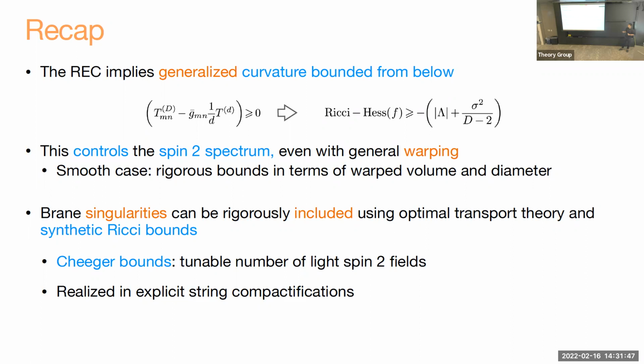There is also a way to prove these bounds in a more general context that allows us to deal with singularities, like brane singularities. And we can also find mathematical theorems that constrain the spectrum in this case. And all of this is realized in explicit string compactifications. Here, let me thank you.